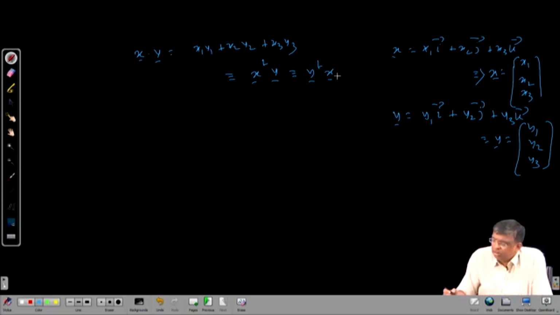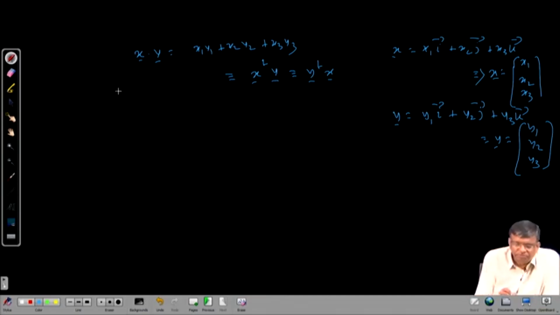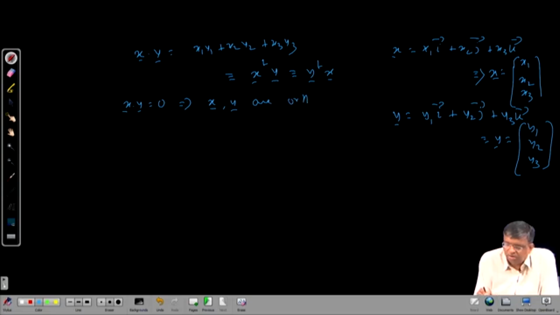All right. So, I have taken a vector of length 3, but it could have been any general length, say capital N. So, if you have two vectors of length capital N, their dot product will be x1 y1 plus x2 y2 plus x3 y3 plus dot dot dot up to xN yN. If this is equal to 0, we say x, y are orthogonal, that is, the angle between them is 90 degrees in a geometrical sense.